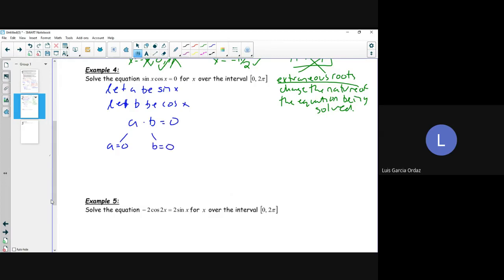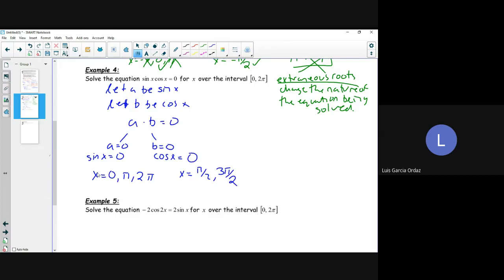And now we sub in our functions back in. So we get sine x is equal to 0 as a solution, and cos x is equal to 0 as our solution. So using our unit circle, we know sine x is equal to 0 when x is equal to 0, pi, and 2 pi. And we know cos of x is equal to 0 when x is equal to pi over 2 and 3 pi over 2.